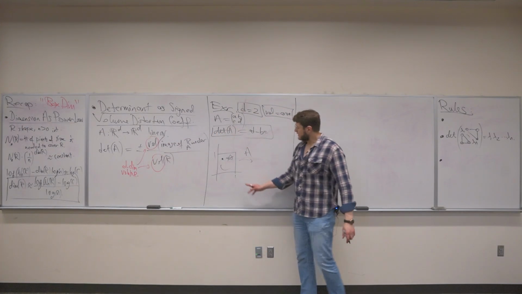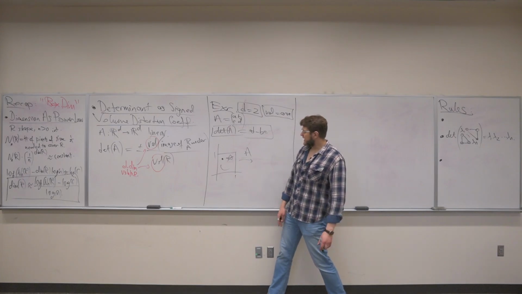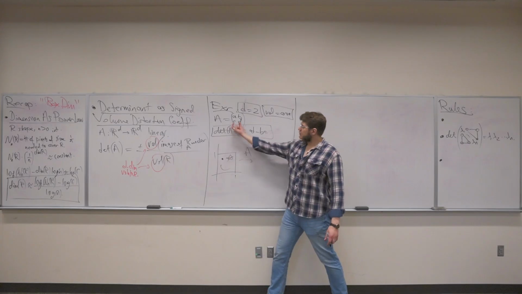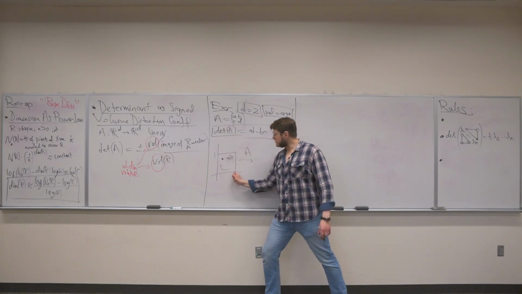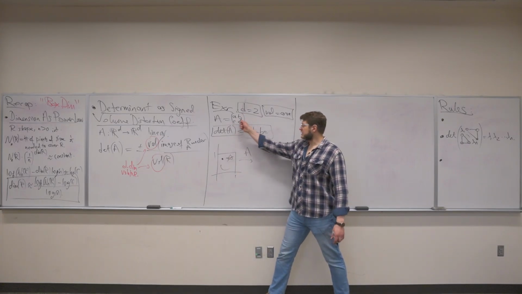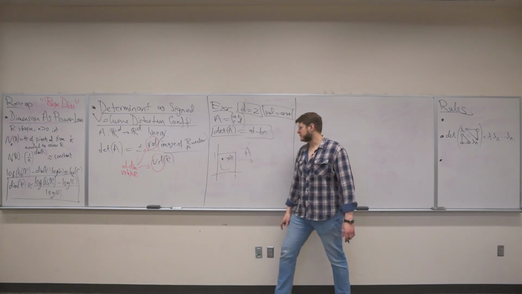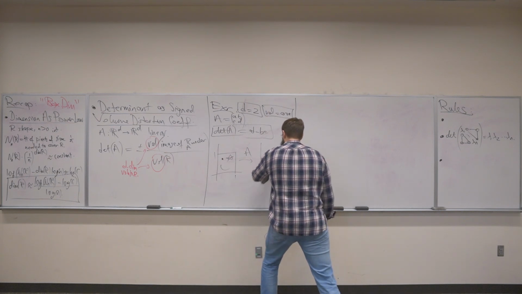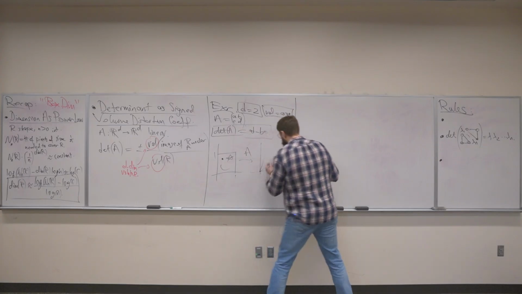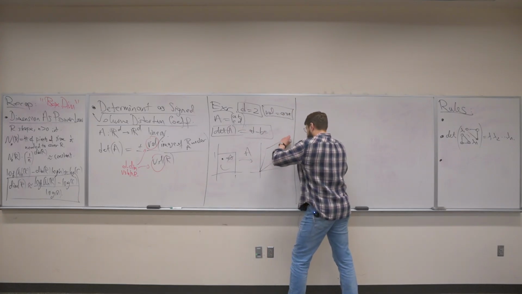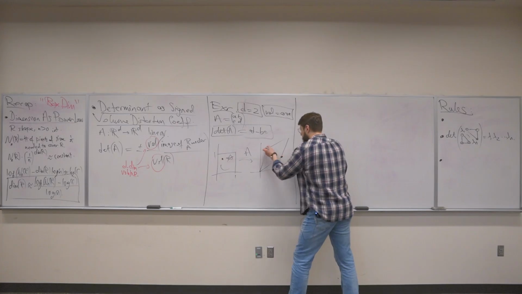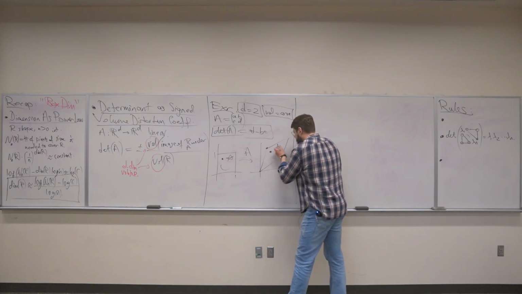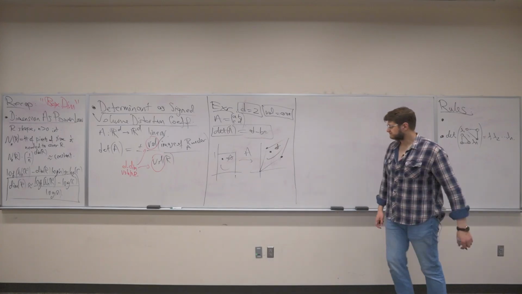And so, of course, I can draw a typical picture. Because A is ABCD, I know that the first column is where 1, 0 is sent to, and the second column is where 0, 1 is sent to. So I can draw this typical picture. It's going to be distorted a little bit, say like so.